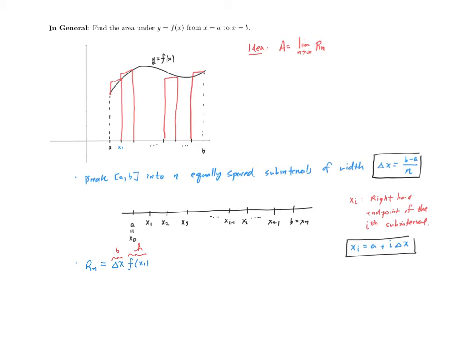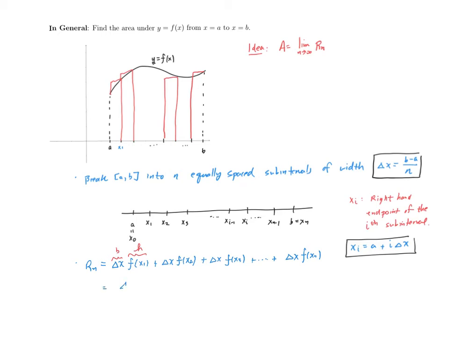And then we keep doing this as we work our way across. For the second rectangle, its base is delta x, its height is determined by substituting x2 into the function. And then the third rectangle, and we do this all the way across to the nth rectangle. So we're just adding up the areas of these rectangles.